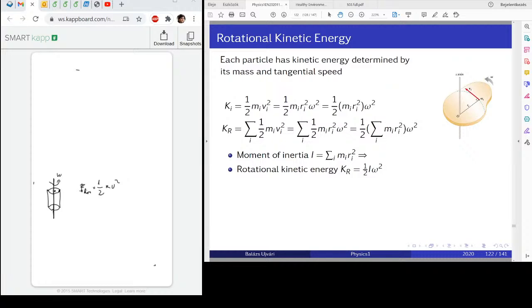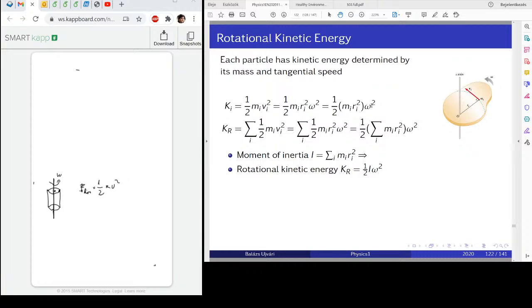So this is a system that has several points, which can be, for example, a small piece of the body. If we can calculate it, you can have this formula, which means the rotation kinetic energy also starts with the 1 over 2 and ends with something which is related to the motion of the body.